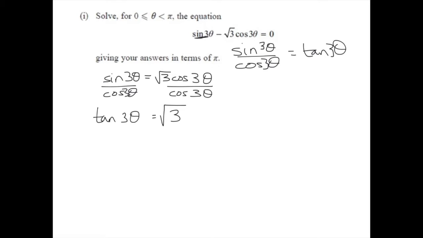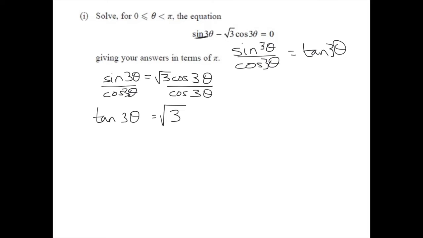The important thing to remember here is that we're trying to find solutions for theta. We're not trying to find solutions for 3 theta. So when we do the inverse tan of this, we're going to end up with 3 theta equals, but at the end of it, we want our answer to be theta equals. So I'm going to change the range.